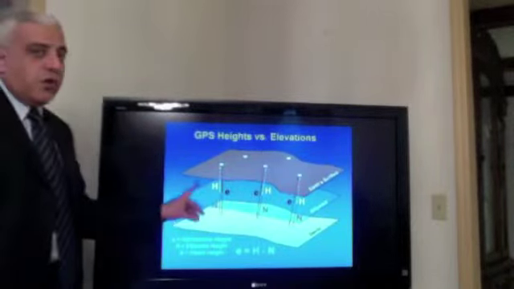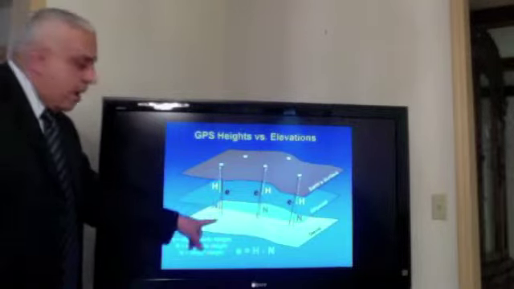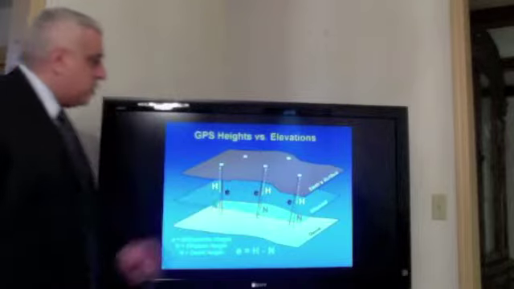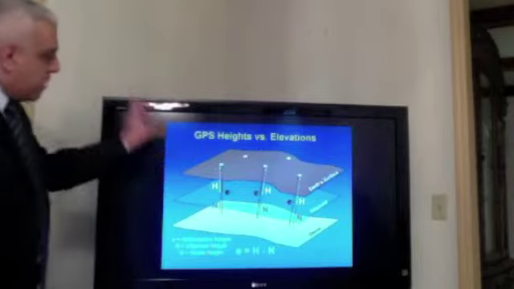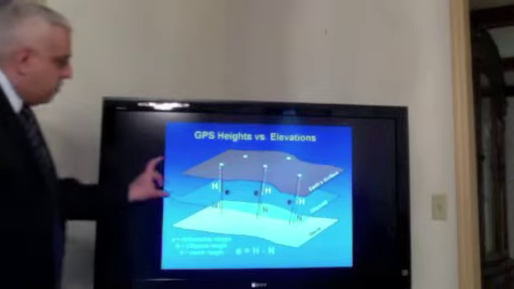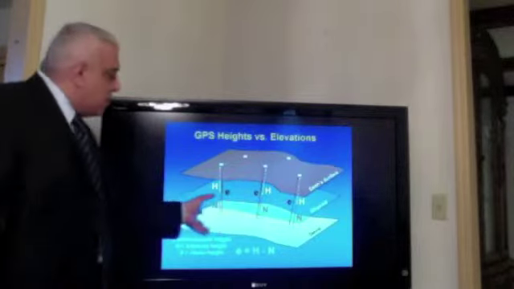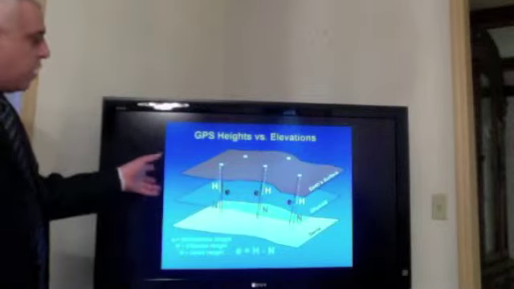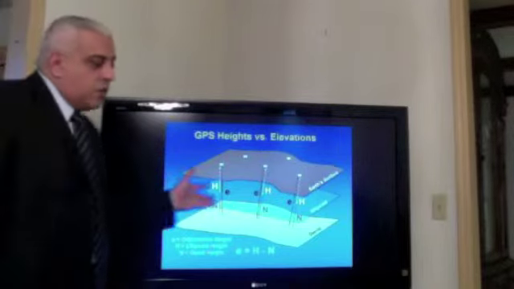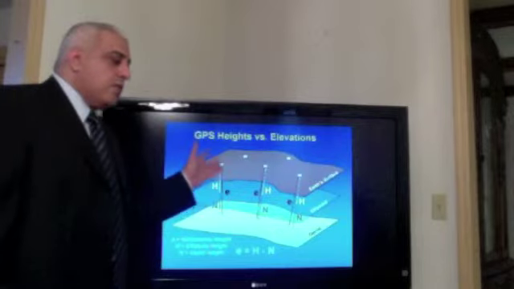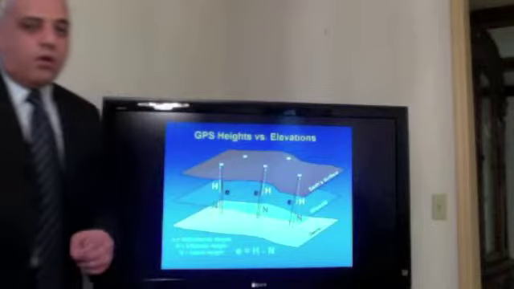So we have to find here the relation between these surfaces. The relation is given here: elevation equals the ellipsoidal height minus geoid undulation. So we have the capital H from the GPS measurements itself, and the N we will get from the geoid model. This way, nowadays we can get the elevation by this equation within plus or minus 2 centimeters in the United States.